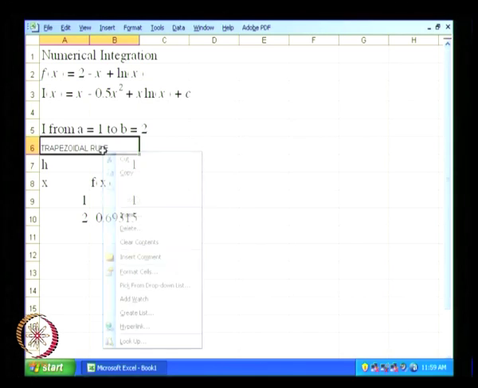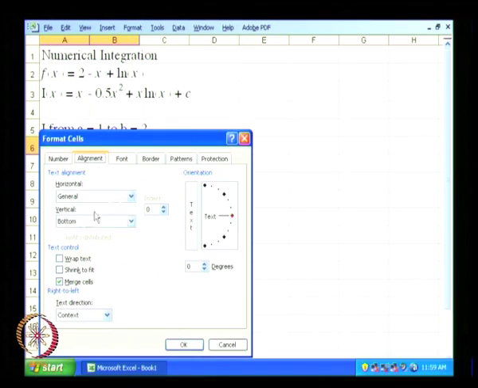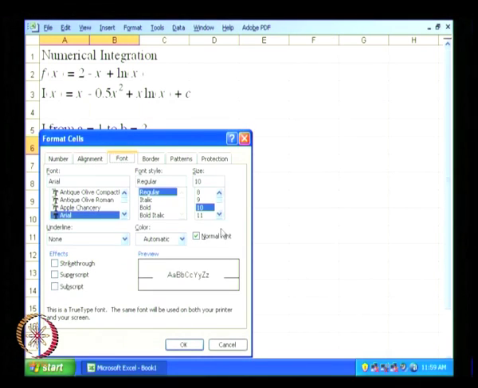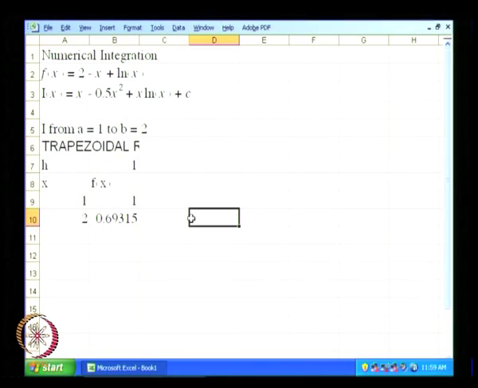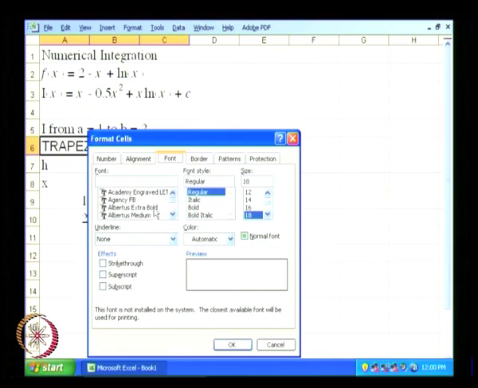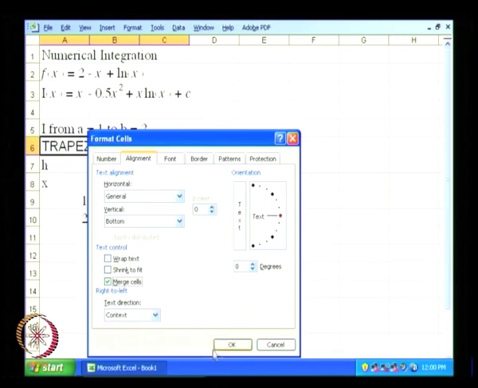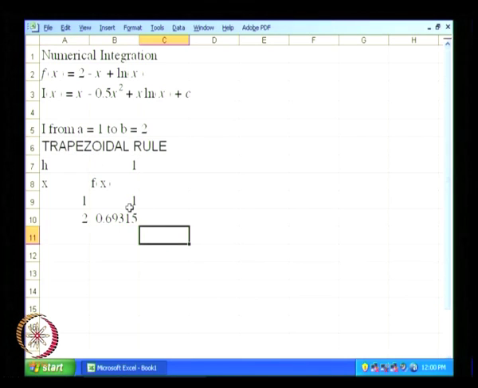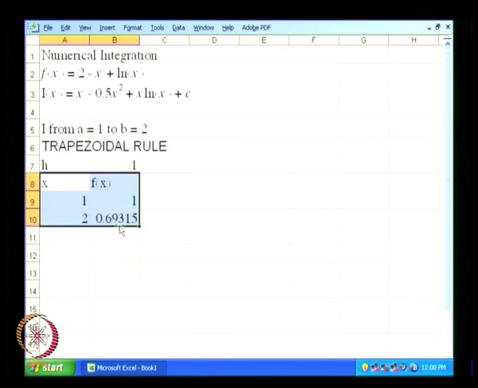Okay, and I will just increase the font size so that it is clearly visible. Okay, so this is what we have using the trapezoidal rule. f of x is going to be this.